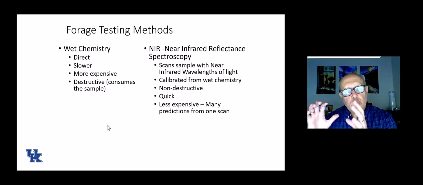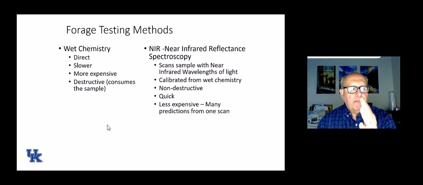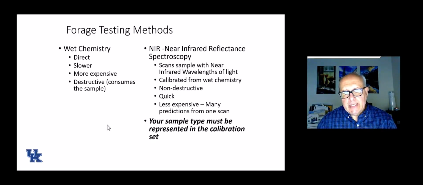If we have unusual results with NIR, then we will send them off for wet chemistry to confirm what we think we know. And to make that point again, your sample type must be represented in the calibration set.